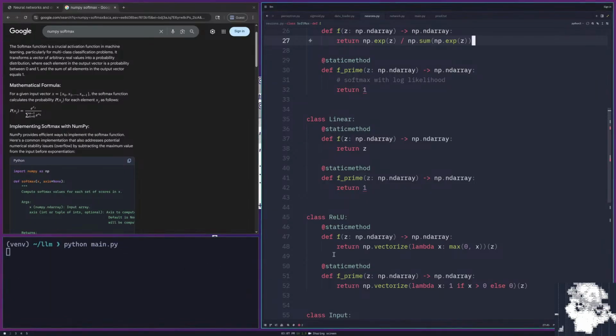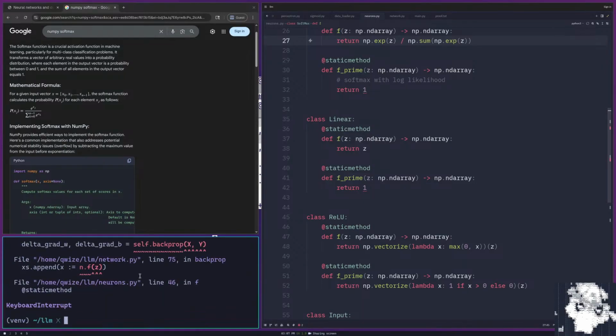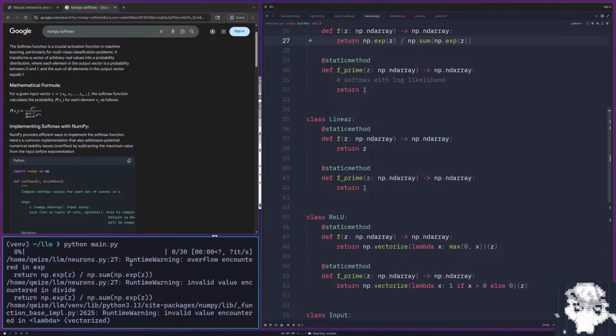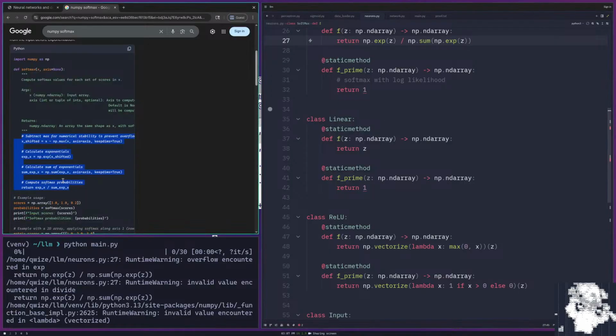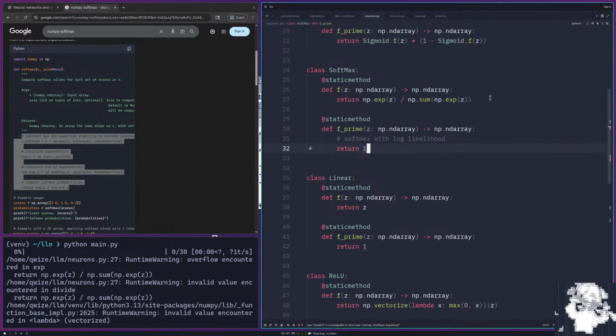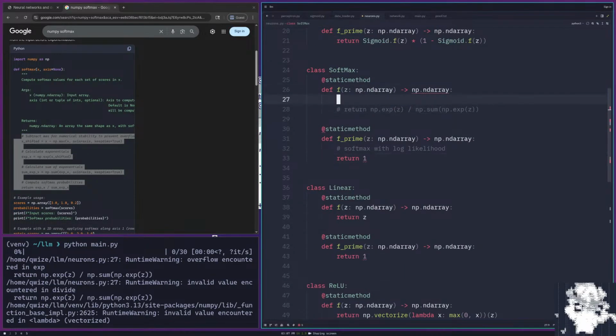Does that mean the problem might just be with the way I'm vectorizing? We're getting overflows in exp. So, does this prevent the overflows, at least?